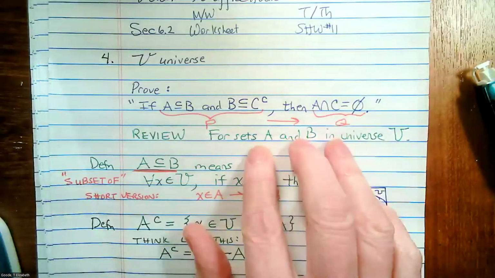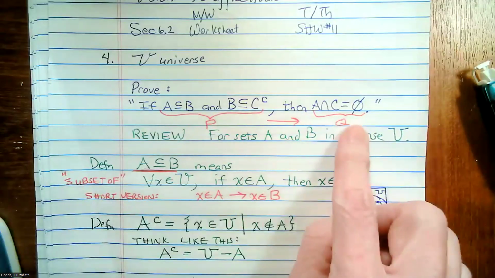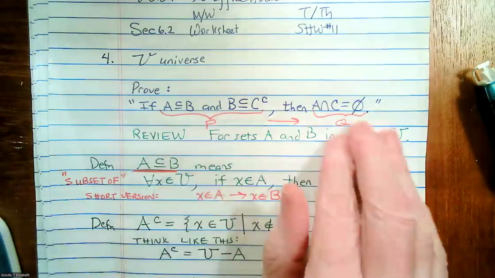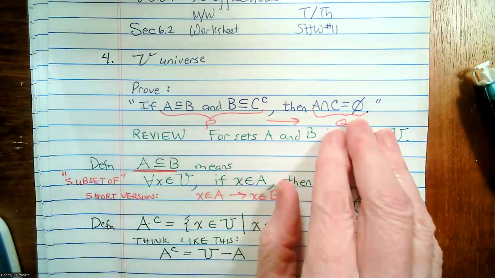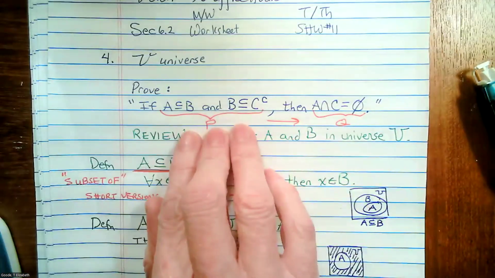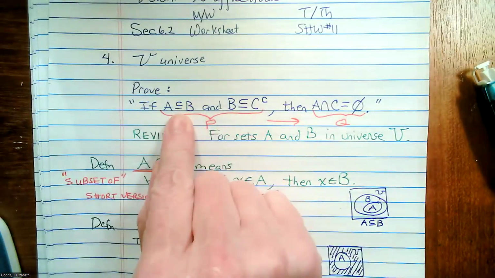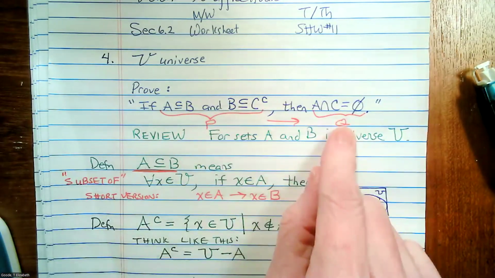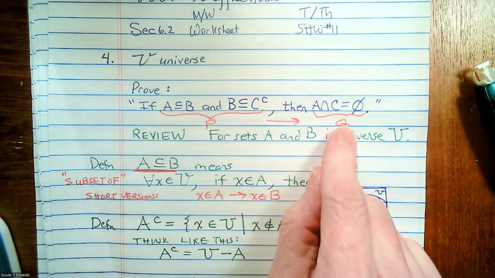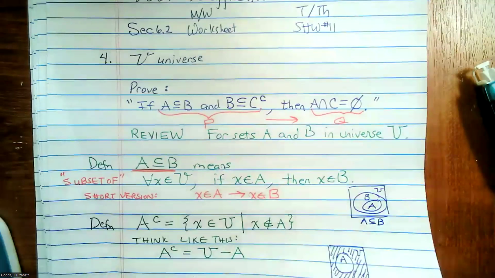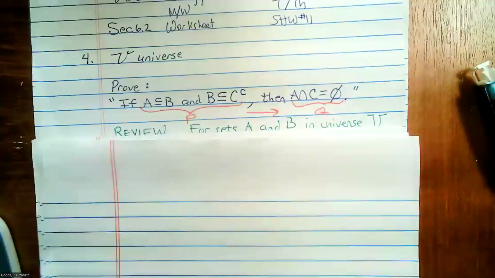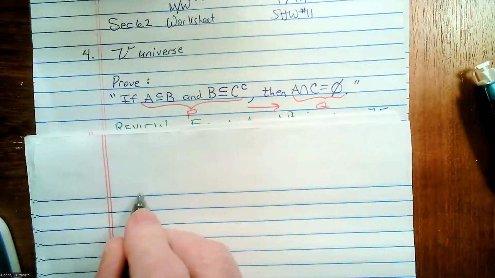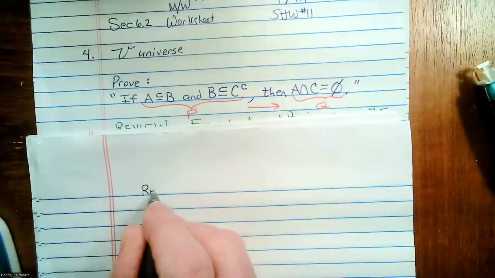So let's just review the basic strategy for proving a set is empty, and then we'll use that strategy to attack this using a direct proof, where we assume the hypothesis, namely that A is a subset of B and B is a subset of C complement. And then our wish will be to prove that A intersect C is empty. Okay, so let's just review the strategy for proving a set is empty.